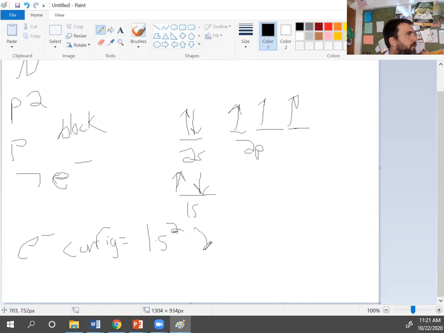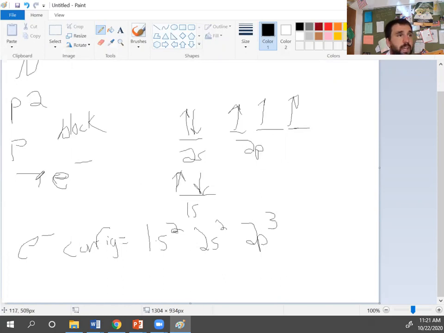Okay? What's my next orbital? 2s. How many electrons do I have in it? 2. What's my next orbital? 2p. How many electrons are in it? 3. Now I add up the top numbers. 2 plus 2 plus 3 is what? 7.